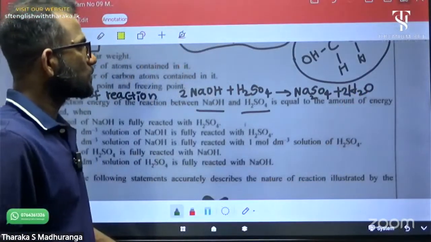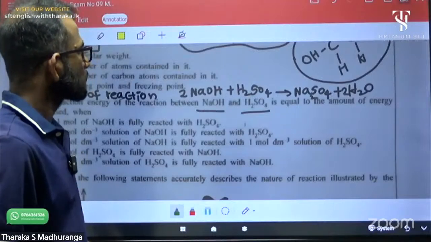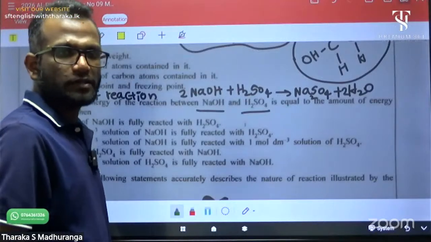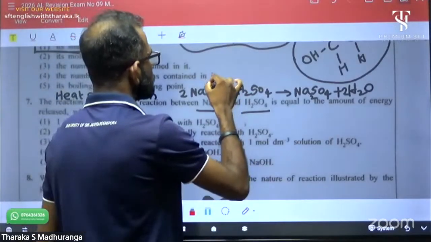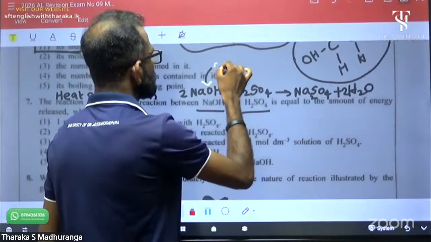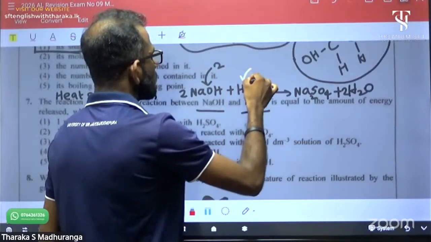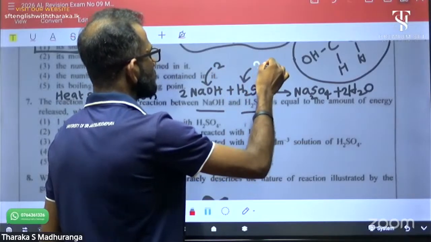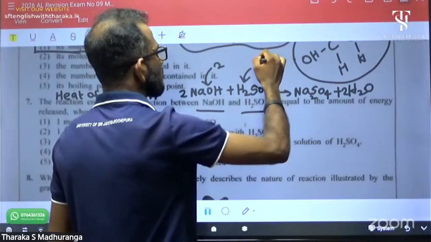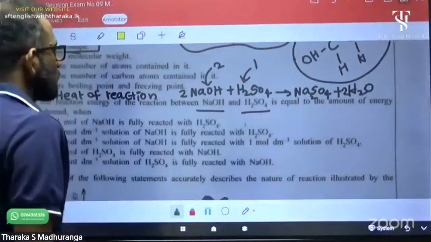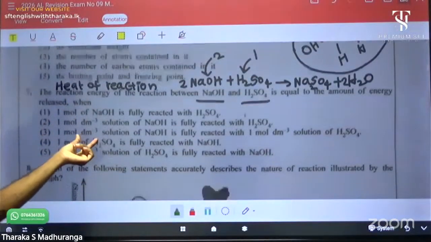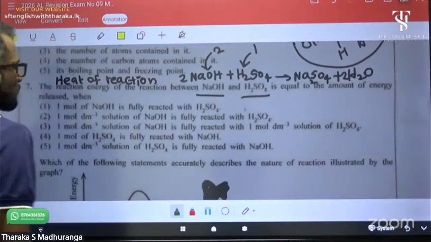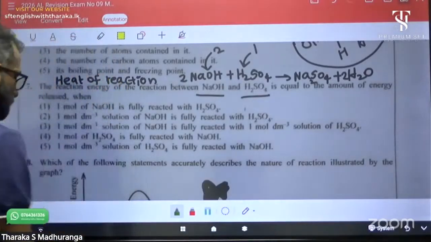Okay, now this is a balanced equation, right? Now you can see sodium hydroxide stoichiometric coefficient is 2, and H2SO4 sulfuric acid is 1. Right. Now we can go to the answer.